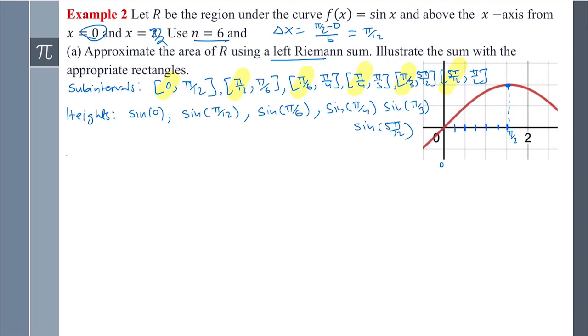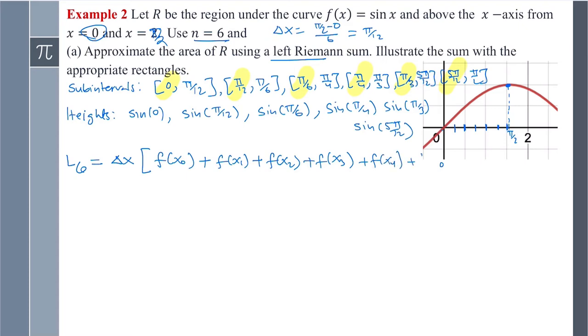Now the left Riemann sum is given by delta x times each height. So I'm just going to factor out delta x and write it this way. This one times f of x0 plus f of x1 plus f of x2 plus f of x3 plus f of x4 plus f of x5. And then we don't go to the x6 because we are taking the left endpoint.